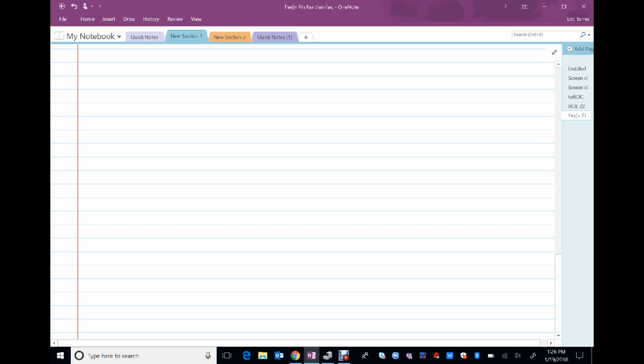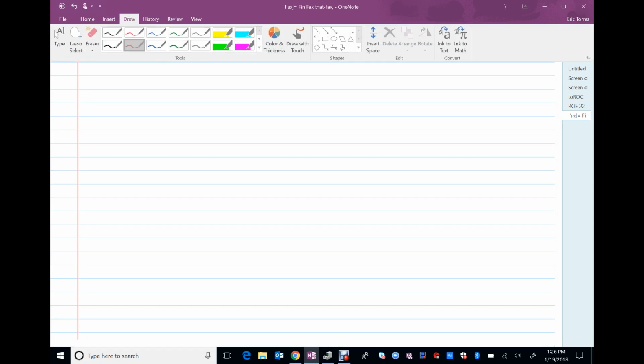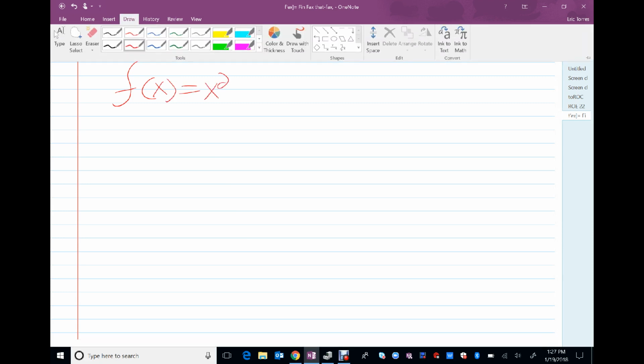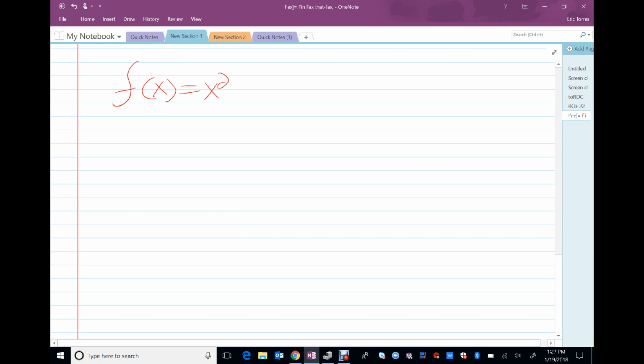So now that we know this information, that given f of x equals x squared, f prime of x equals 2x, I can find the tangent line for any point on the function.